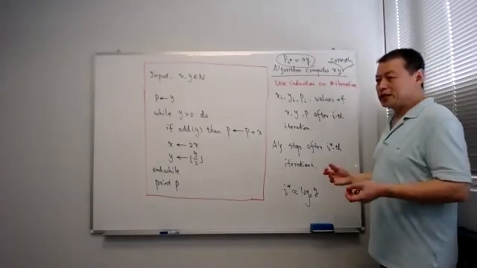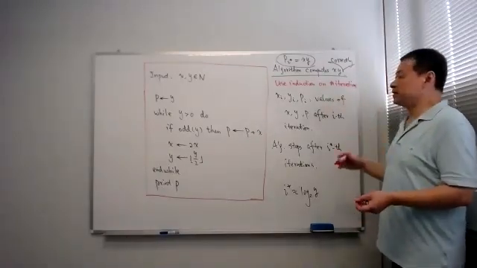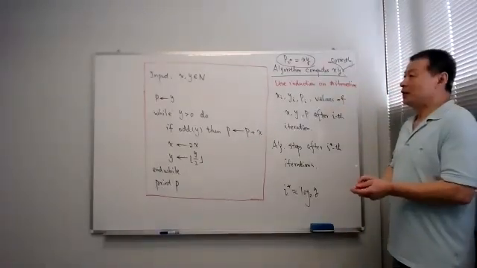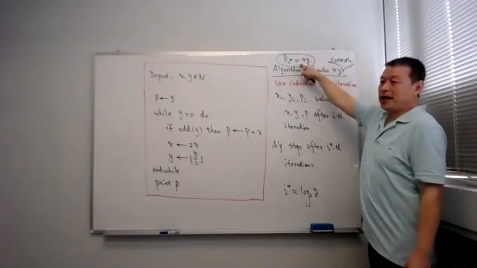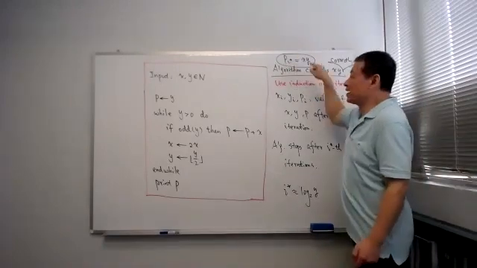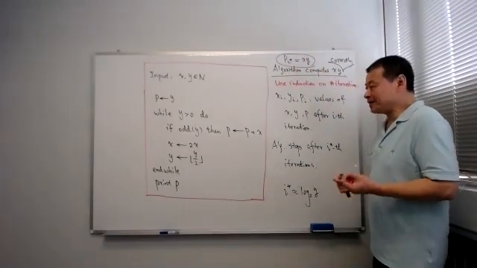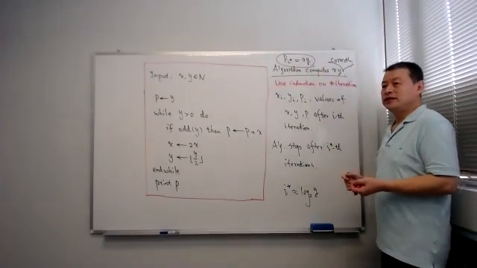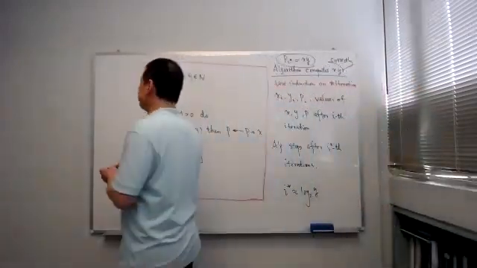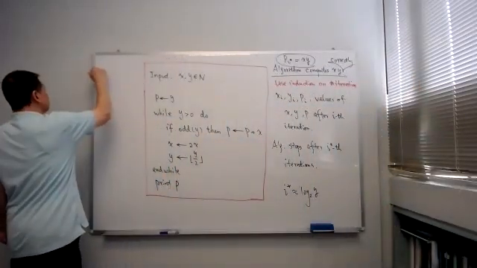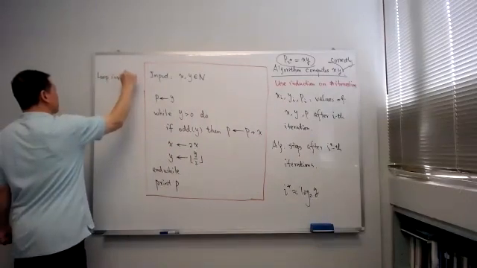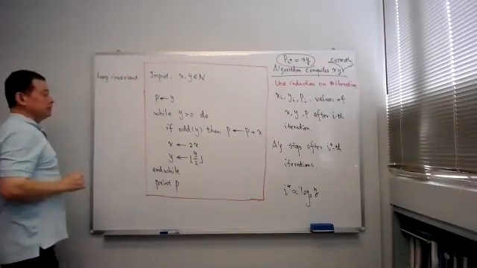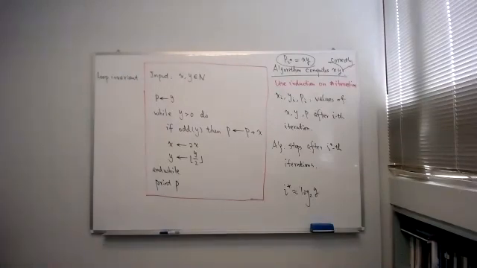So what do we need to prove based on the number of iterations? We cannot say that we prove this one based on i, because we don't see i here. So we need to find something related to i. So we need to find the loop invariant. So what is a loop invariant?